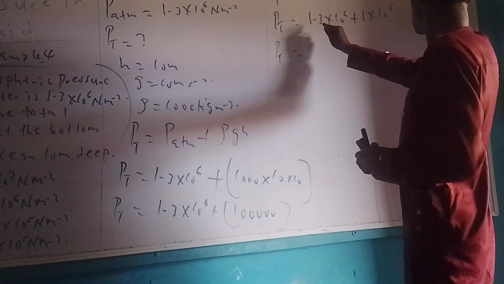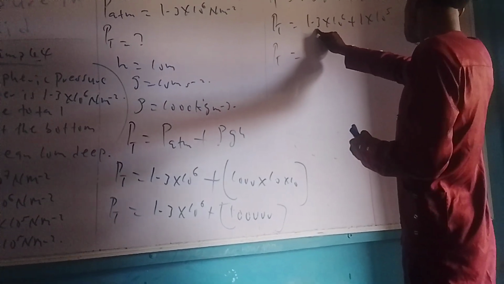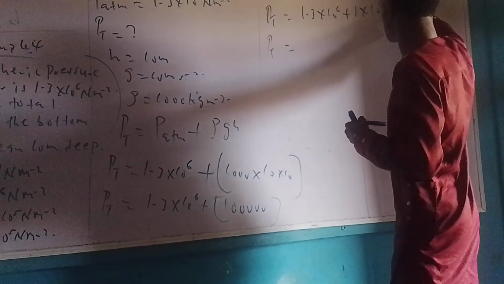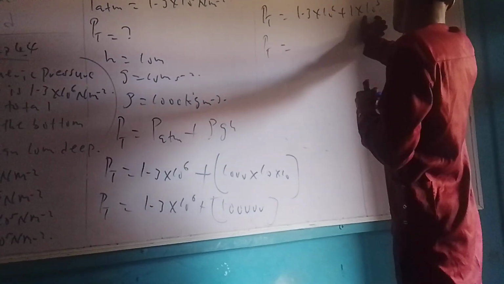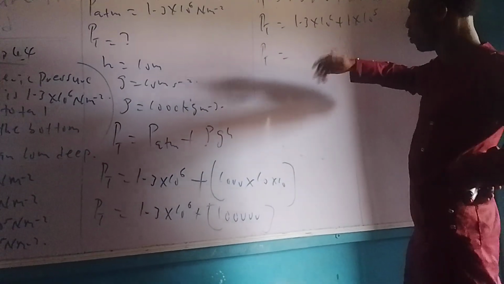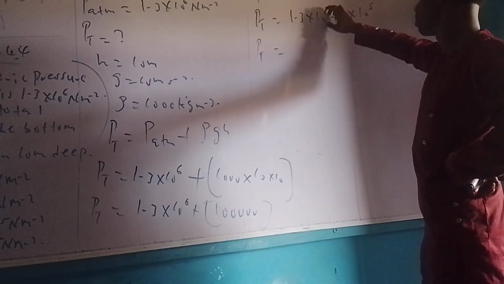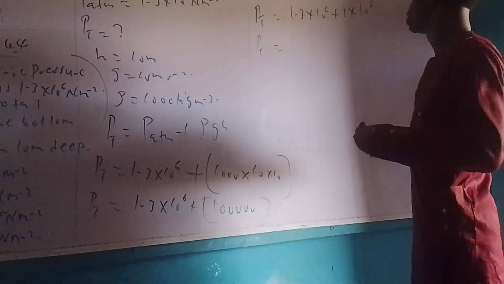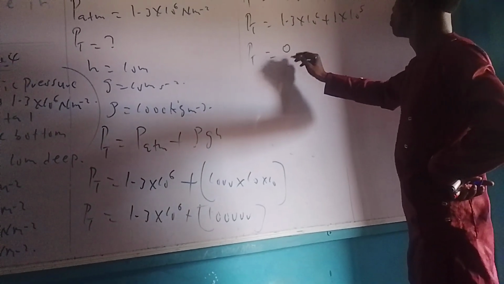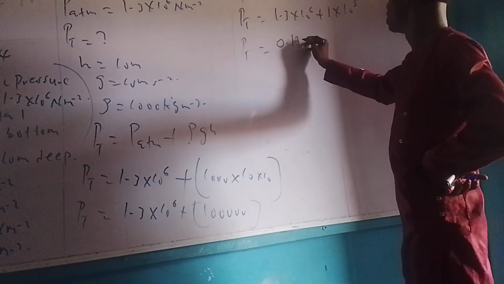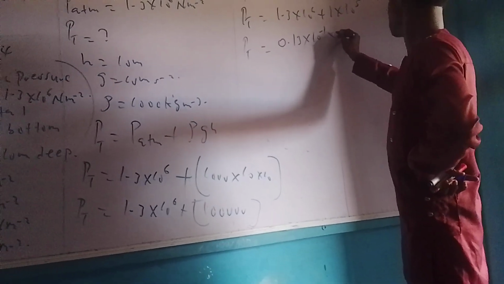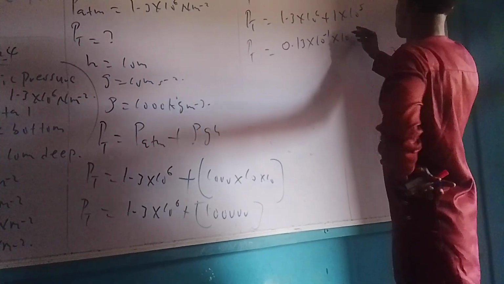Now, I can change this to 10 to the power 5, or change this one to 10 to the power 6. Let's think of a way. This is 1.3 times 10 to the power 6. I can change it to 0.13 times 10 to the power minus 1 times 10 to the power 6.